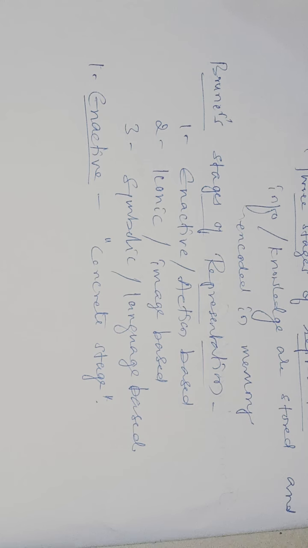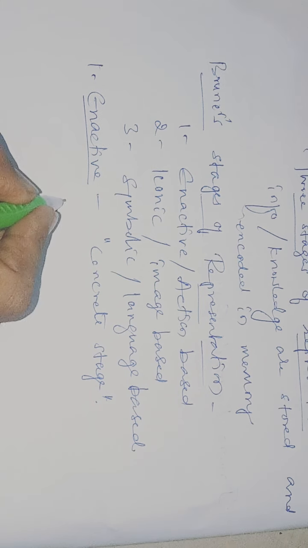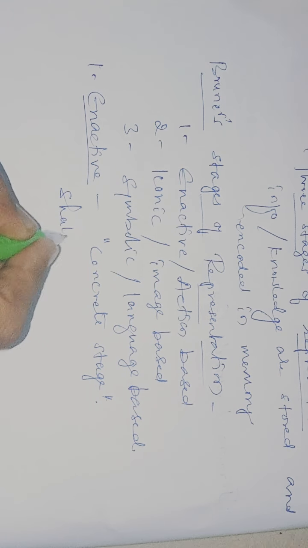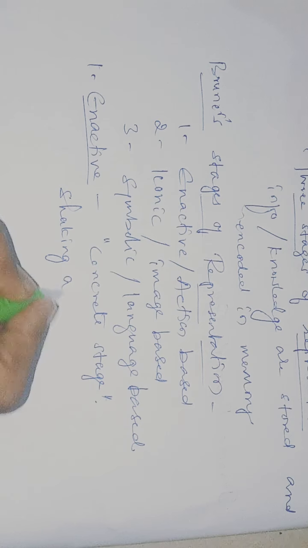For example, touching, feeling, and manipulating. Enactive appears first. For example, in the form of movement as a muscle memory, a baby might remember the action of shaking a rattle.